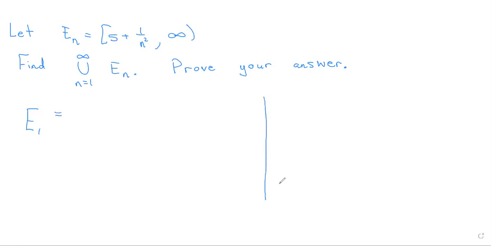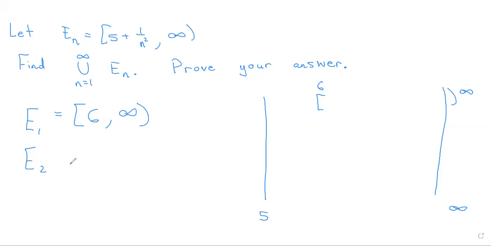So we will draw a visual from 5 to infinity, and 5 plus 1 over n squared would be 6. 5 plus 1 is 6, and the other side is just infinity. For this, it'd be 6 to infinity.